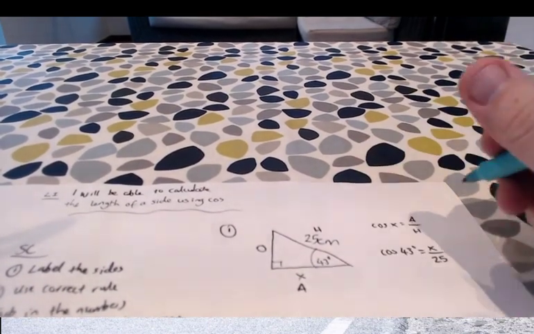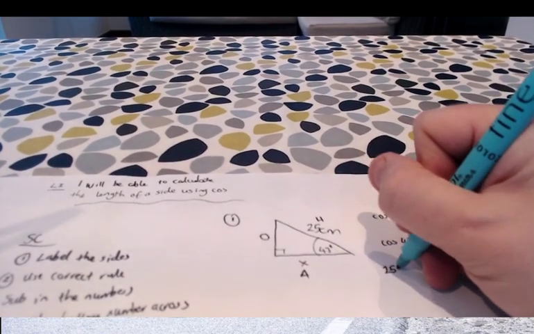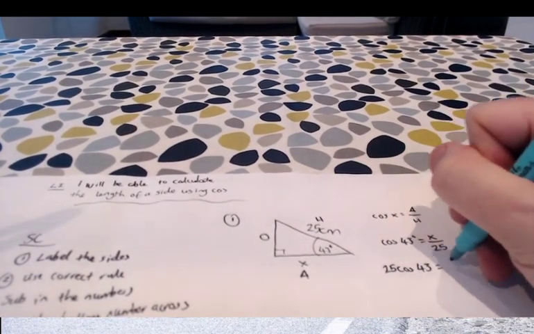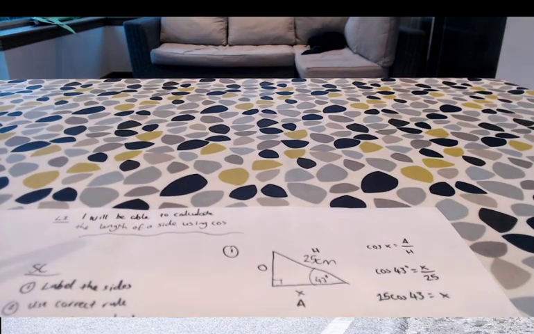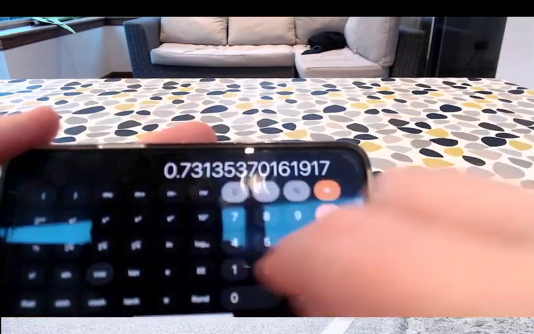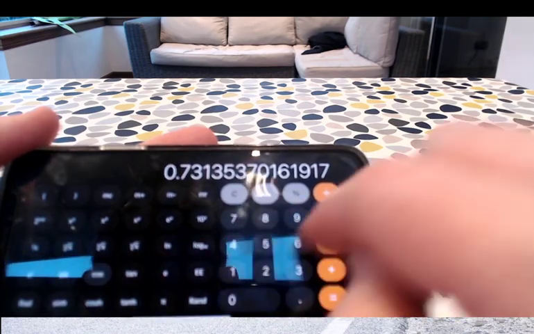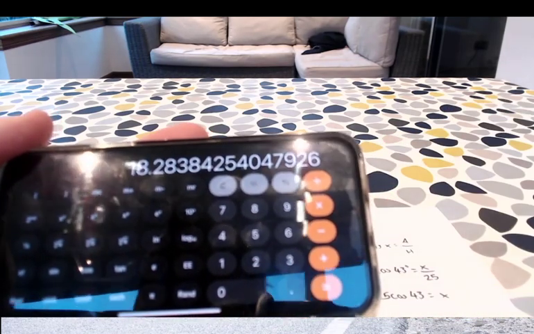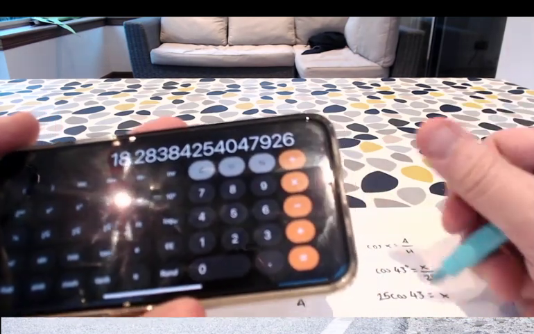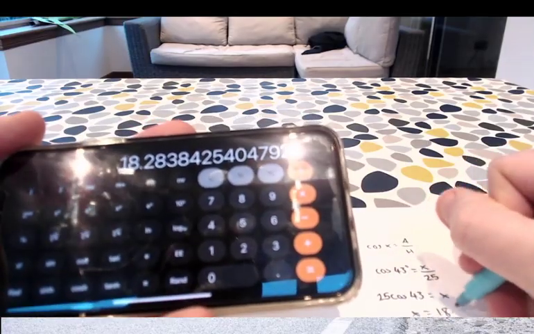Move the 25 up there. 25 cos 43 equals x. Go to the calculator. It's going to be in reverse. It's going to be 43 cos times 25. That's going to equal 18.28, which will be 18.3 to 1 decimal place.